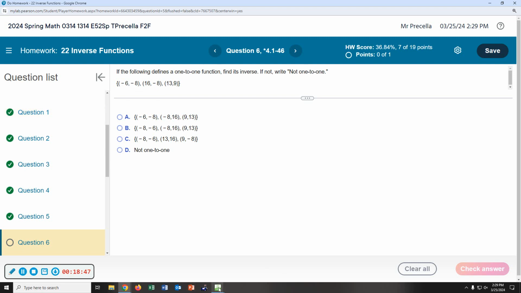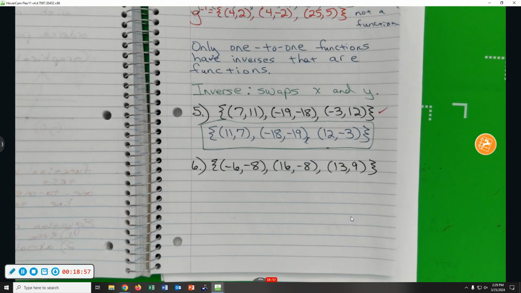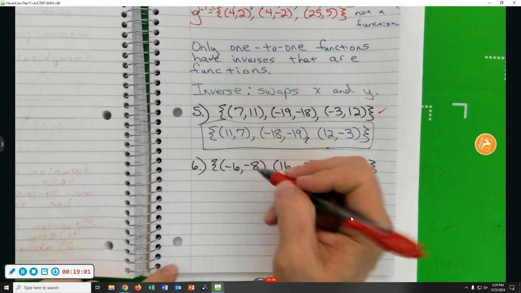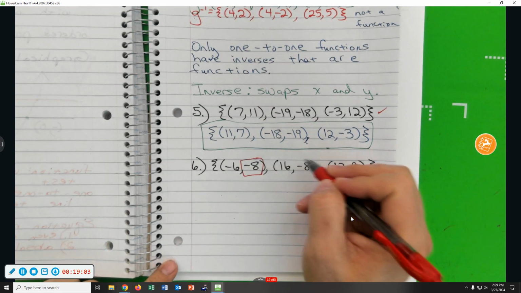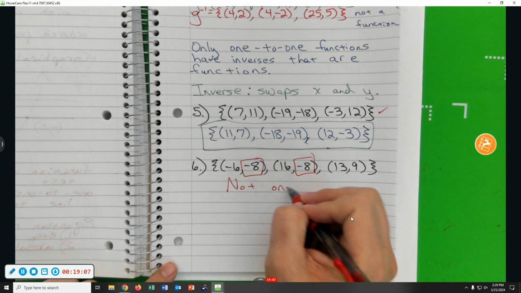Let's switch. There they are. What did you say, Dale? Not one-to-one. Notice we have repeated y values there. So not one-to-one.